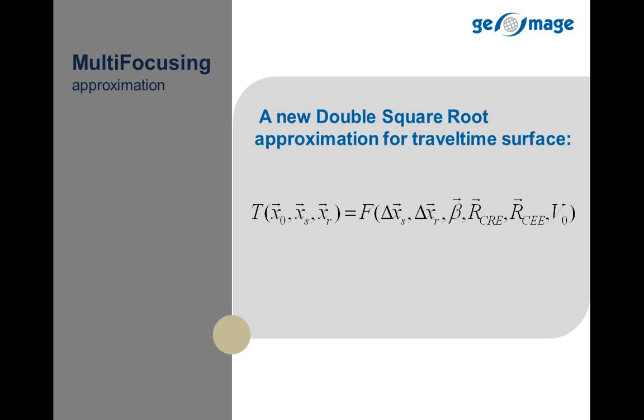signed here as beta, the normal incident angle, the emergence angle of the normal ray, and two radii of curvature of two fundamental waves of the ray theory, RCRE and RCE. Besides, we have to know, or we assume that we know, the near surface velocity V0.